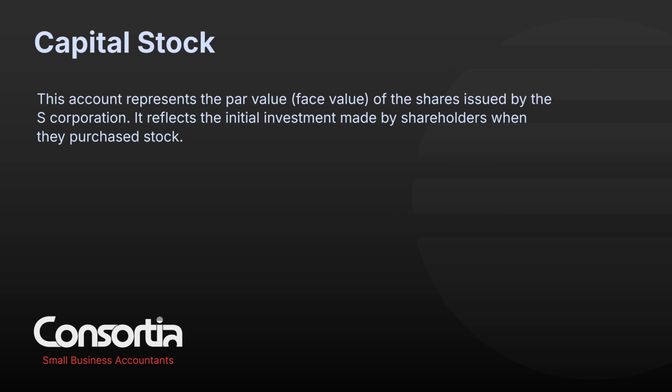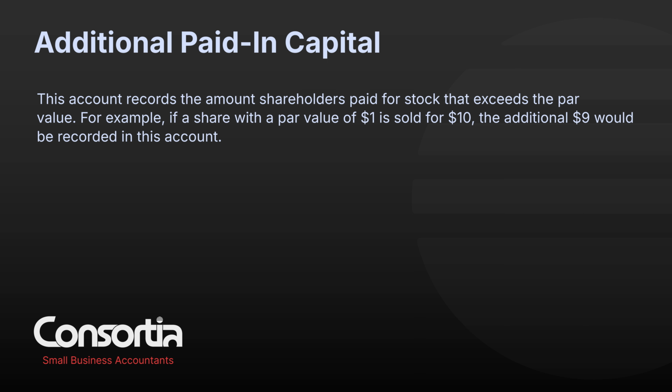Now again, let's talk about each one of these. As far as capital stock, this account represents the par value or face value. So let's say the share said $10 a share. Then that's what you would record, the face value of the shares issued by the S corporation. It reflects the initial investment made by the shareholders when they purchased the stock.